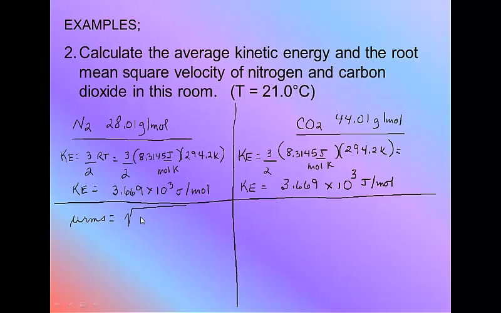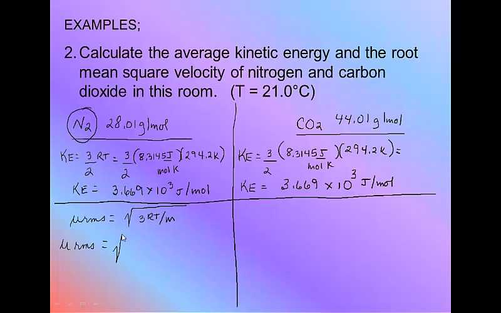Root mean square velocity: square root of 3RT divided by molar mass. Now I'm going to make a theory here. I'm going to suggest that nitrogen is going to be faster because it is lighter.